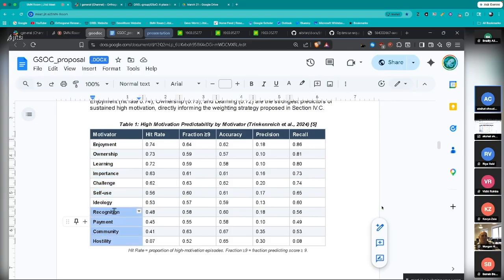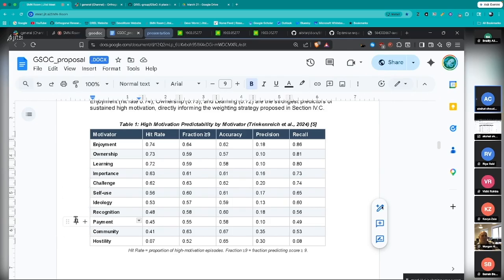External motivators are rated a bit below at predicting motivation. This one was a bit surprising to me as well. Payment doesn't cause as much motivation as enjoyment or ownership, most likely due to burnouts or some other things.